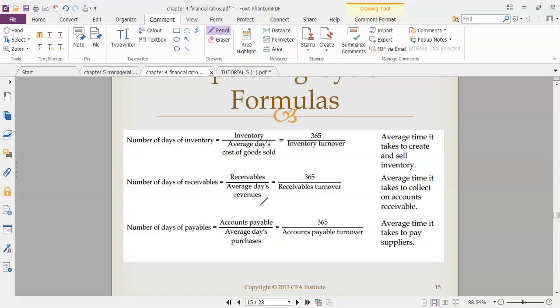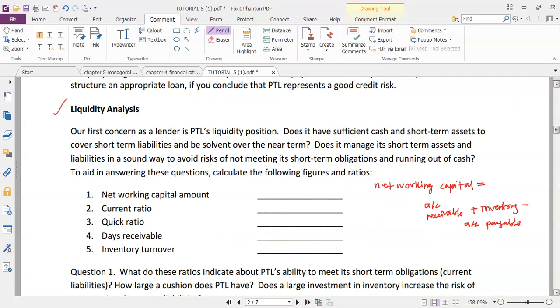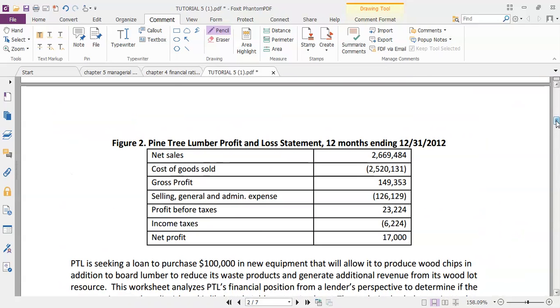Instead of using this, you also can use account receivable divided by sales times 365. This is the easiest formula. Account receivable divided by the sales times 365. Okay, let's look at how to calculate day receivable.